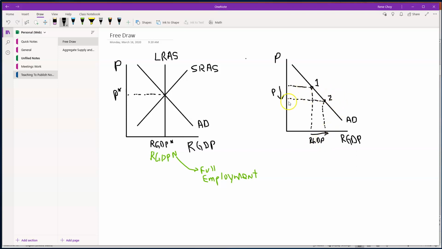As our prices decline, our real GDP tends to increase, and that's what those three effects are showing you. Also, the opposite is true. If our prices were to increase, then our real GDP would decline, and that's what the aggregate demand shape shows, the negative relationship between those two.